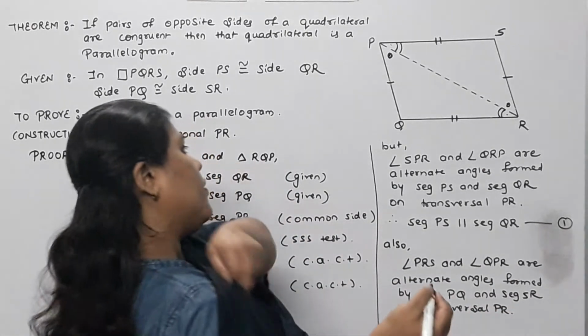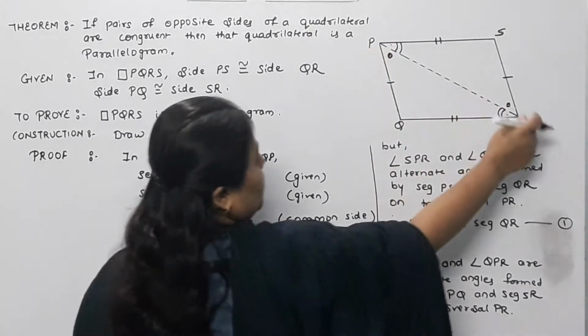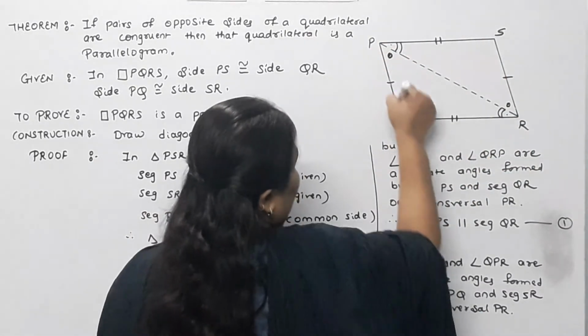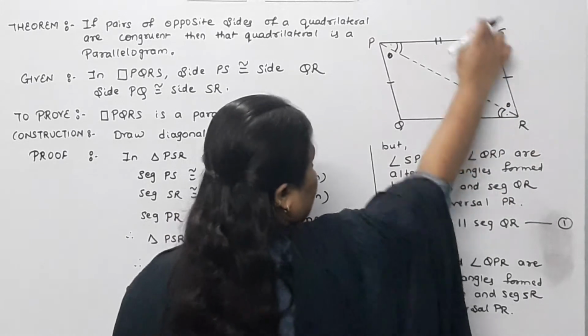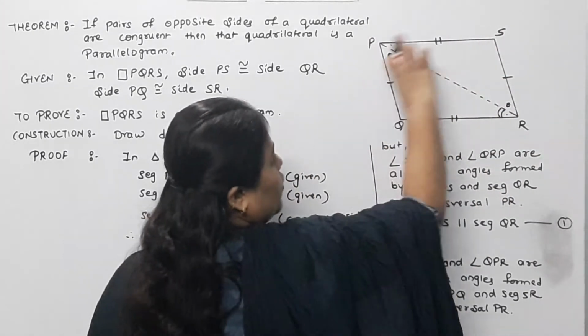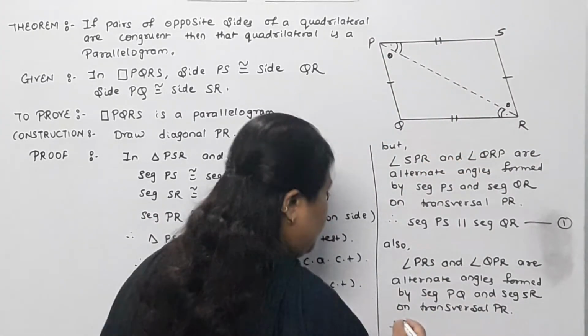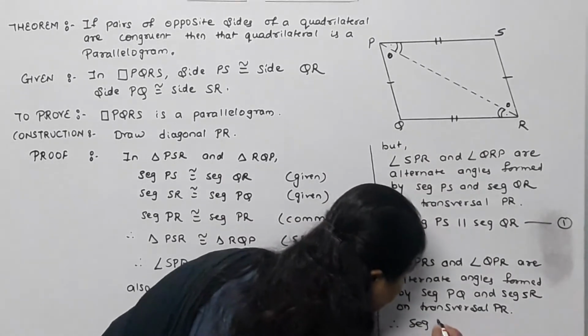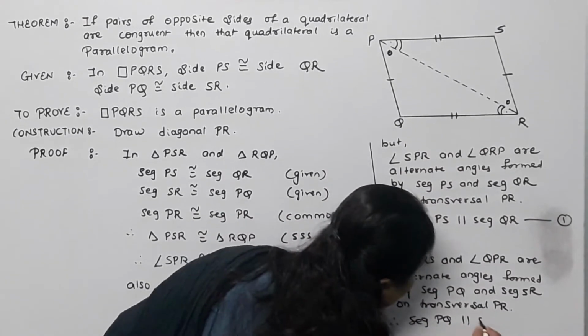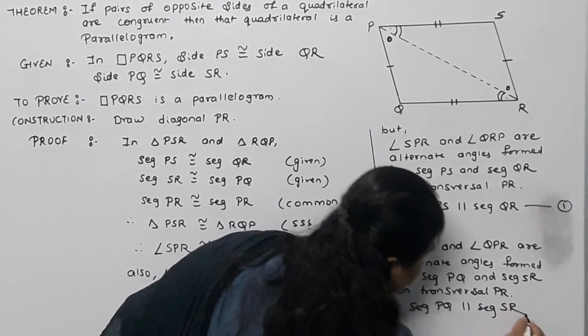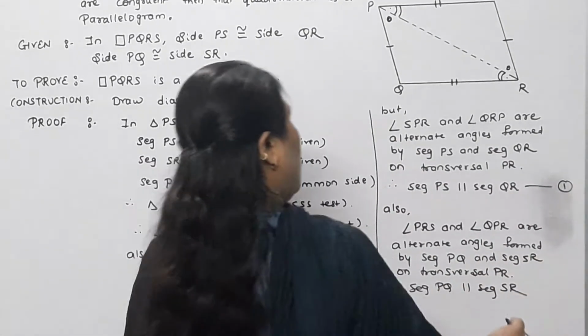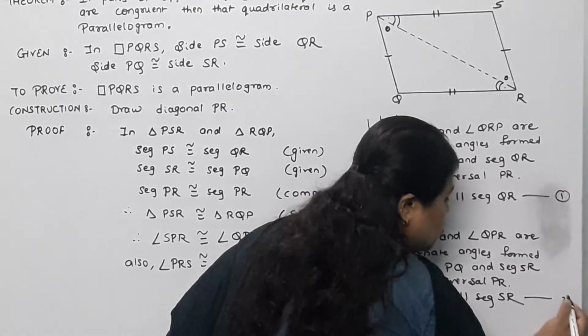Therefore, here we are forming a Z over here. So, if we are forming a Z like this, then PQ is parallel to SR. Therefore, seg PQ is parallel to seg SR. This will be your equation 2.